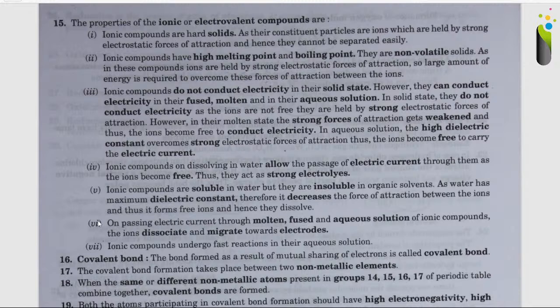However, in their molten state, the strong forces of attraction get weakened and thus the ions become free to conduct electricity. In aqueous solution, the high dielectric constant overcomes the strong electrostatic forces of attraction and thus the ions become free to carry the electric current.